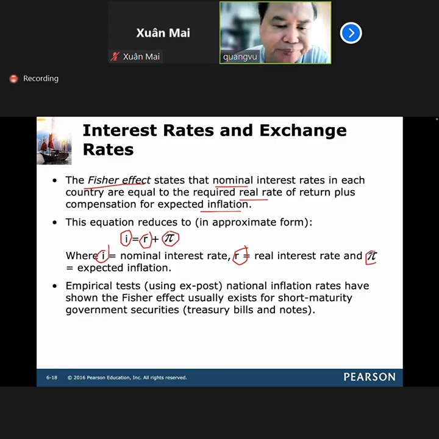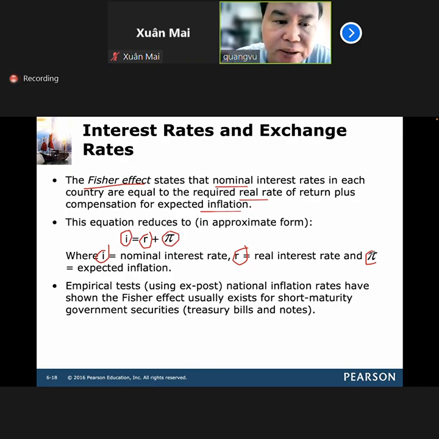For example, suppose at the beginning of the year you put your saving money into a bank account, and the bank offers you a nominal interest rate of 10% a year. At the end of the year, you ask: how much return did you actually earn on your bank deposit after inflation?